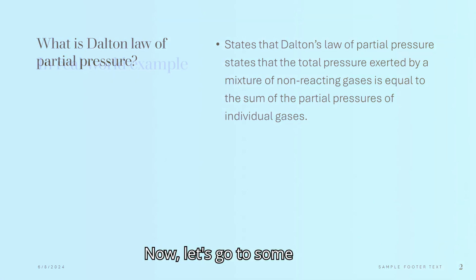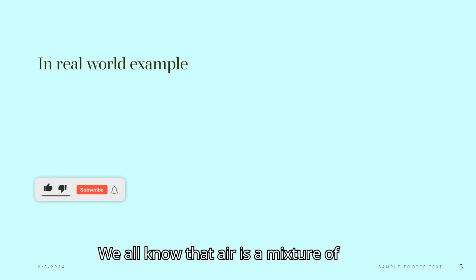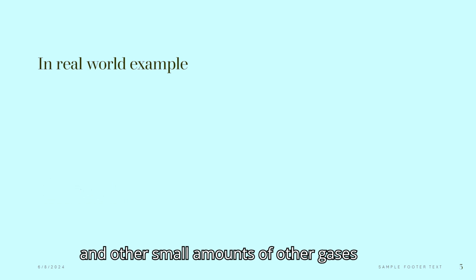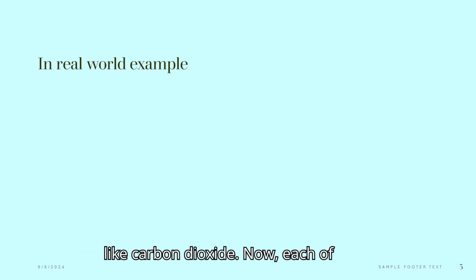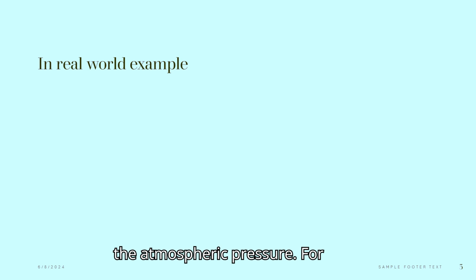Now, let's go to some real world example. We all know that air is a mixture of gases, mainly nitrogen, oxygen, and a small amount of other gases like carbon dioxide. Now, each of these gases exerts its own pressure, and when you add them together, you get the atmospheric pressure.